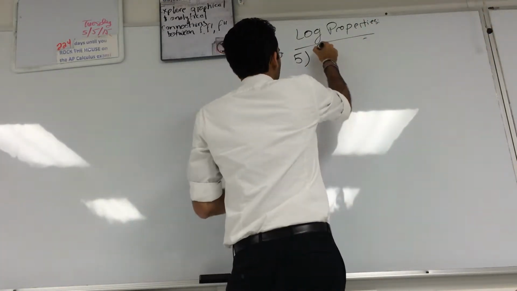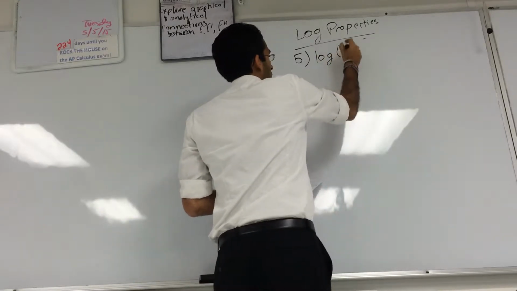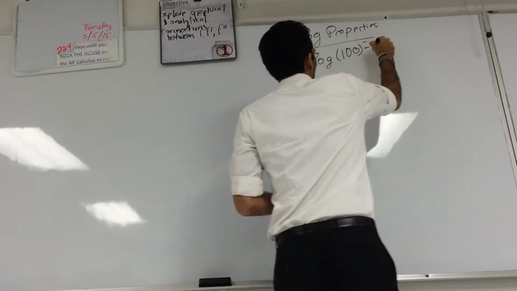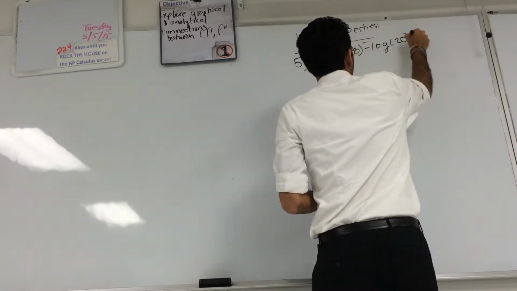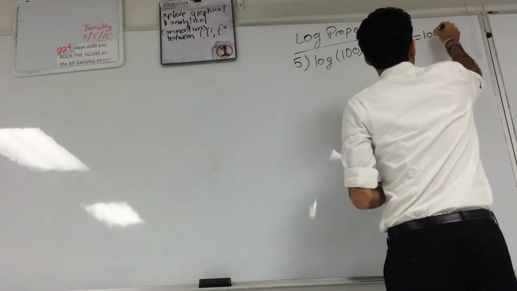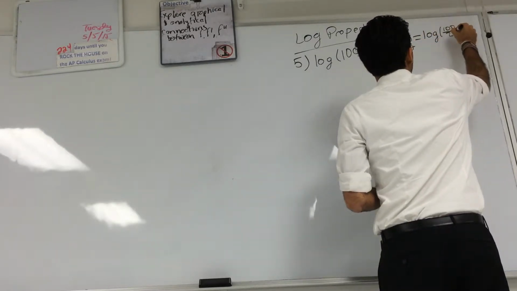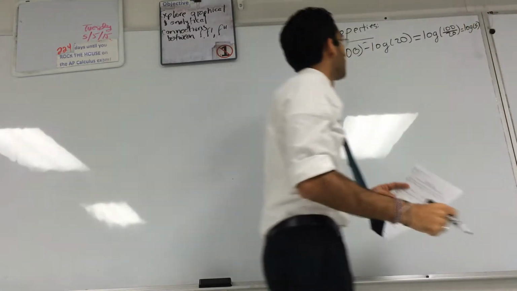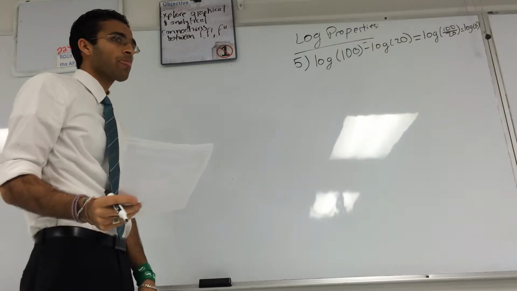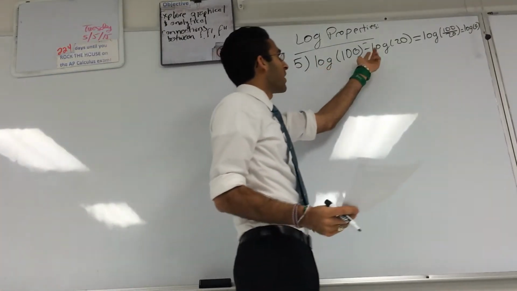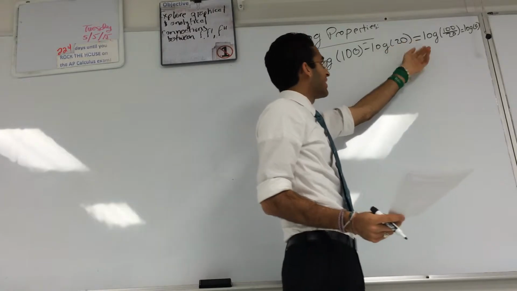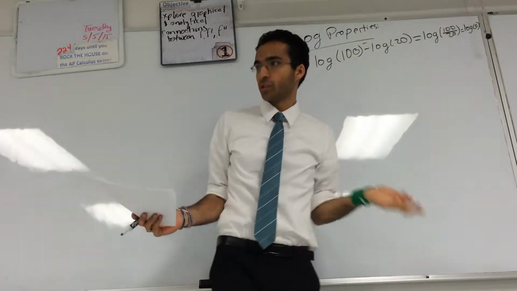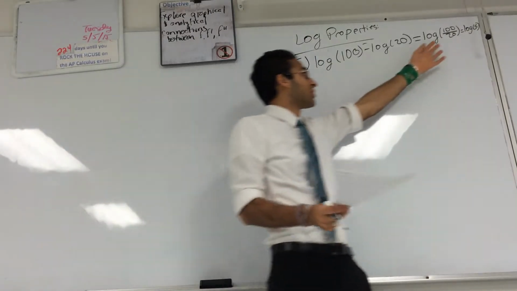If I have log of 100 minus log of 20, that is the same thing as log of 100 over 20, which is the same thing as log of 5. 100 divided by 20 we know is 5.